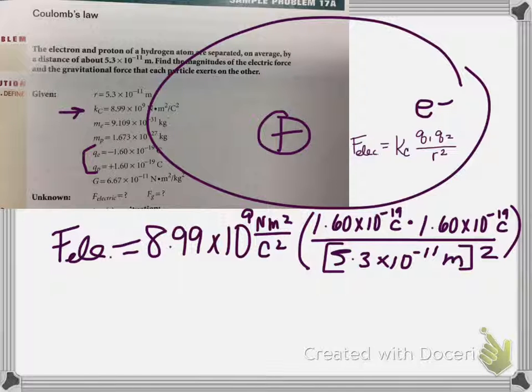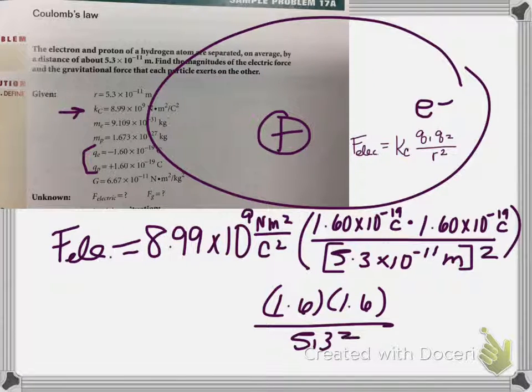Now, the issue that I take with the way your calculator handles scientific notation, I did solve it both ways, but I'm going to do it the way that I'm accustomed to, which is the workaround that I figured out first. So I'm going to take 1.6 times 1.6 divided by 5.3 squared, the whole lot times 8.99.